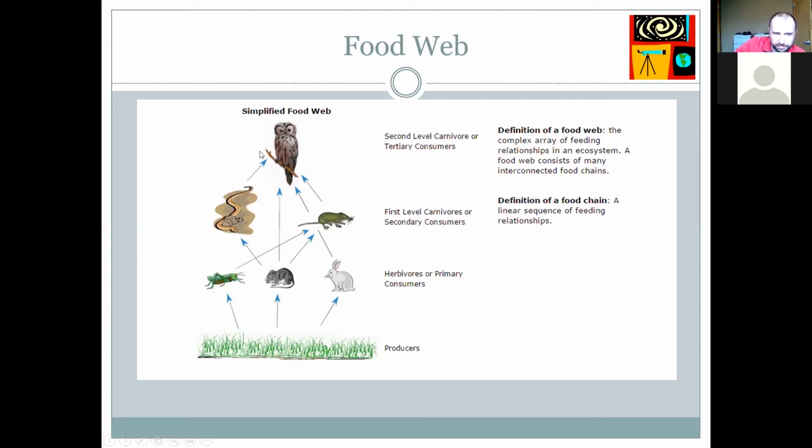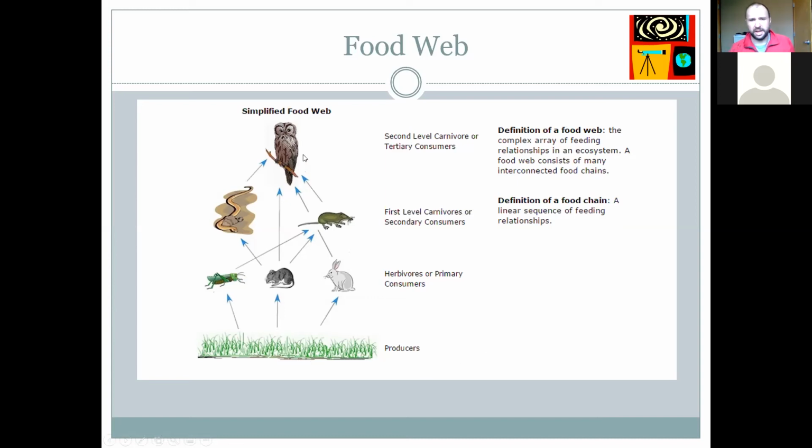And then we have second level carnivores, which are carnivores that are eating, you guessed it, the secondary consumers. We sometimes call them tertiary consumers because they're removed three layers from the original producer of energy.